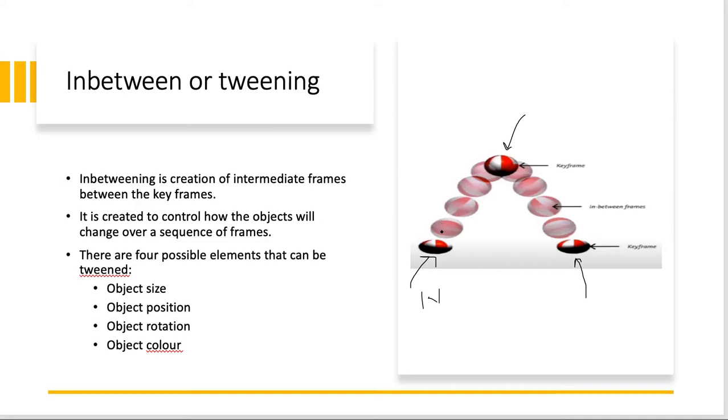If you look at this example on your right, in terms of size, you can see there is a difference in size from keyframe 1 to the first in-between frame, and between the first and the second in-between, the size is more or less equal. The same goes for the third and fourth in-between, and from the fourth in-between to the second keyframe, the size is different. The same goes for the position. From keyframe 1 to in-between frame 1, the position is different, and so on.